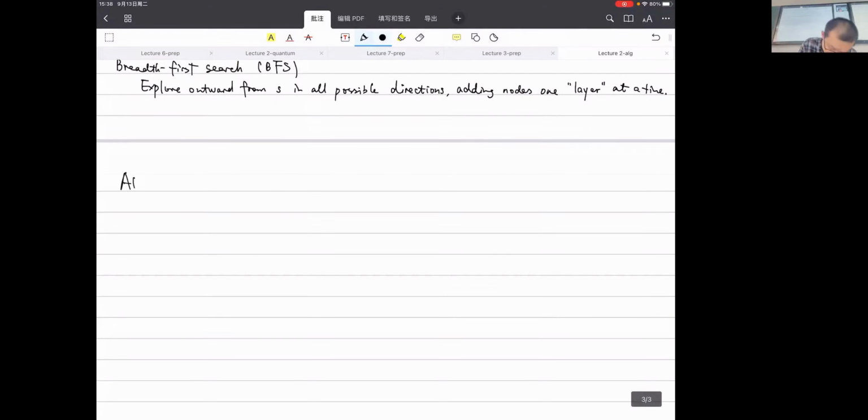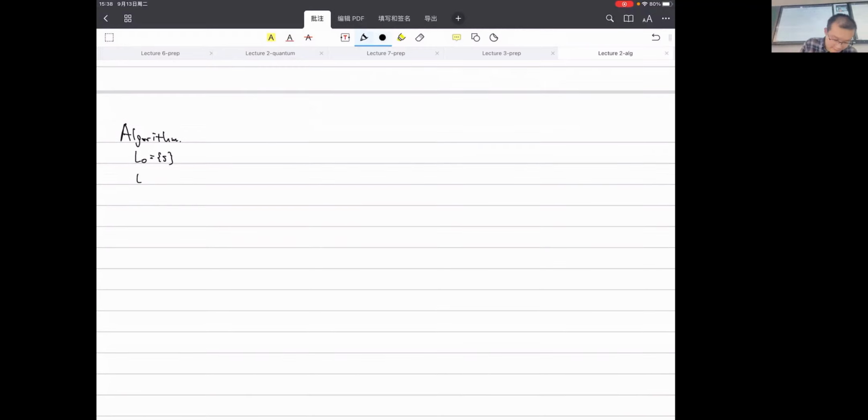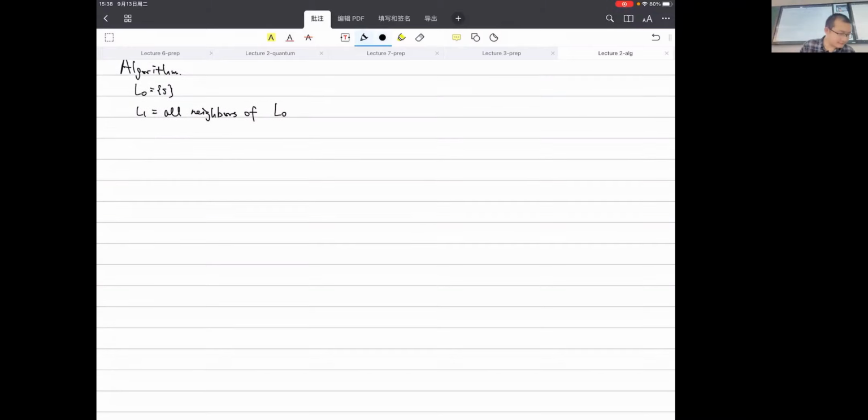That means our algorithm is going to look like this. For convenience, we call layer 0 only the vertex S. The first layer, L1, is going to be all neighbors of L0, which is just all the neighbors of the vertex S.